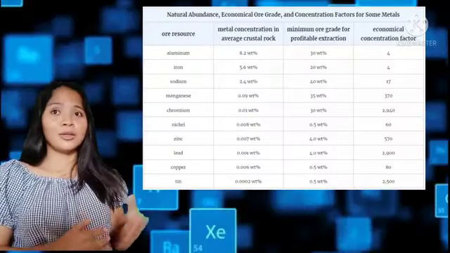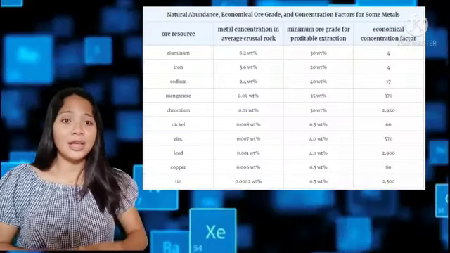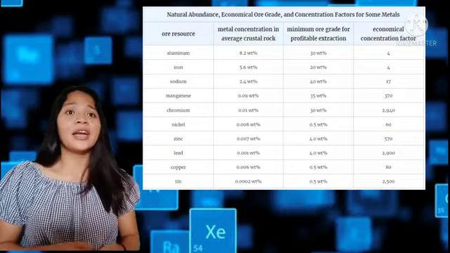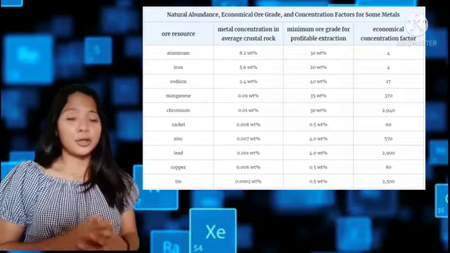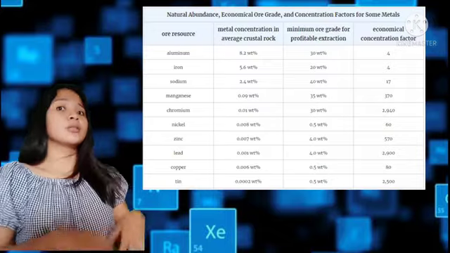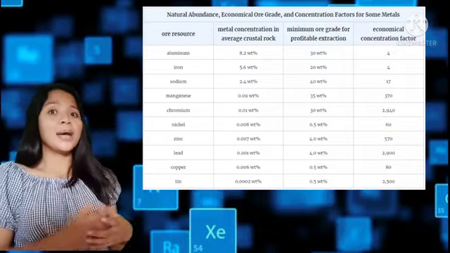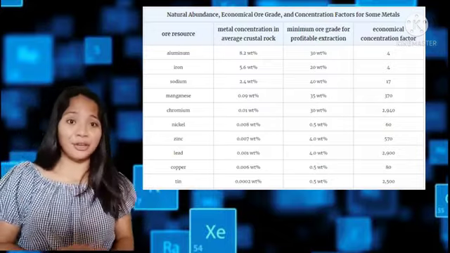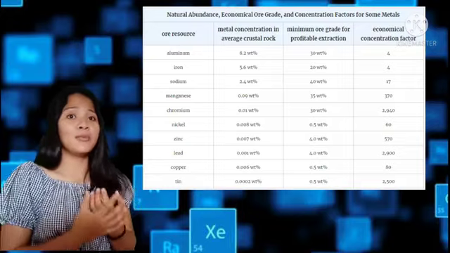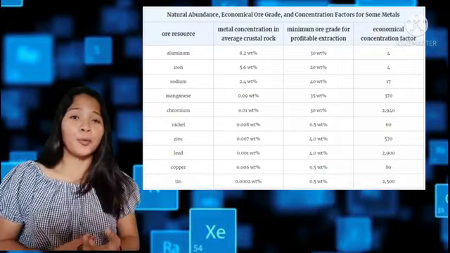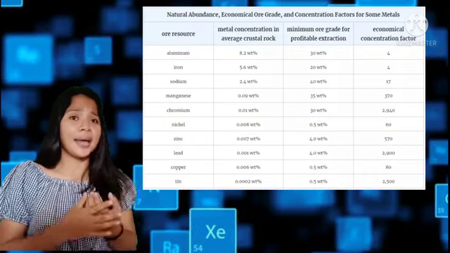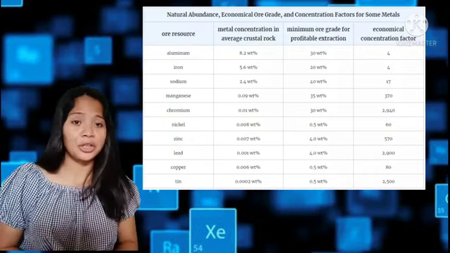This table shows natural abundance, economic ore grade, and concentration factor for some metals. It contains the ore resources, the metal concentration in average crustal rock, the minimum ore grade for profitable extraction, and the economic concentration factor.